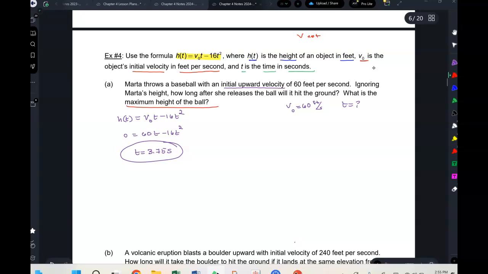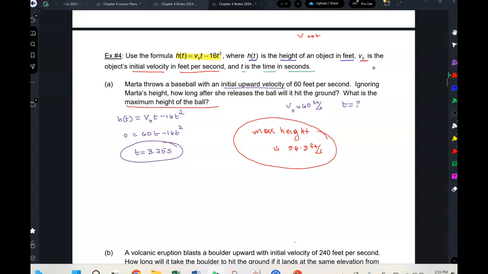So the maximum height of the ball. Wait, what? How's that possible? It's 60 per second. 56.3 feet. Okay, so yeah, it's feet.